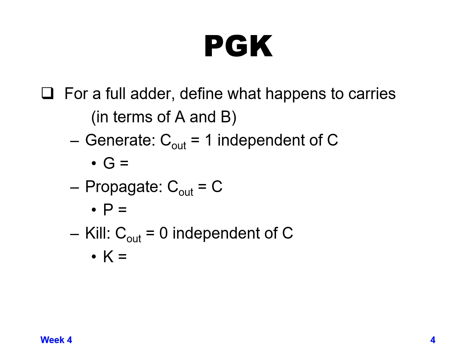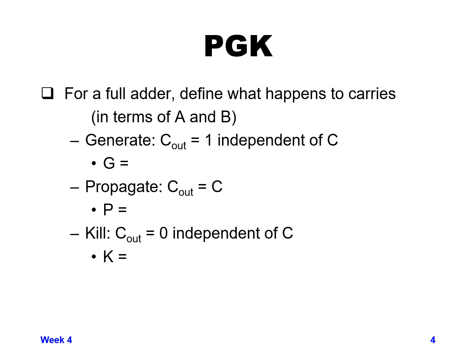So if we look at whether we want a carry out to come out in terms of just A and B, we can say when we look at A and B, do we know for sure whether a carry out is going to come out irrespective of whether your carry in is a 0 or 1? And one of the ways you can look at it and say yes, regardless of what C in is, you will generate a carry out if both A and B are a 1.